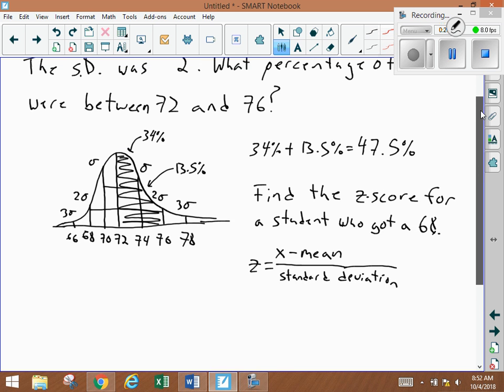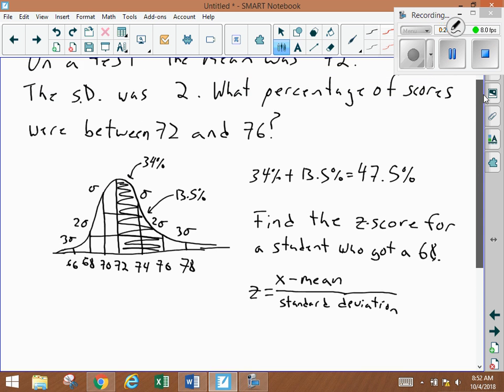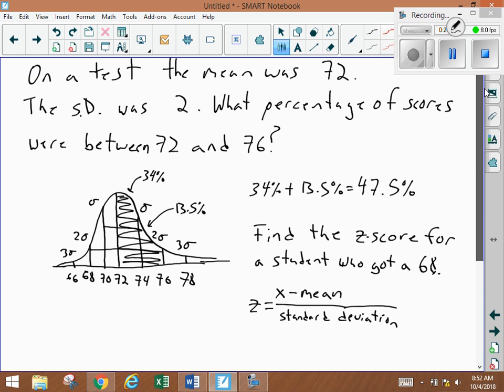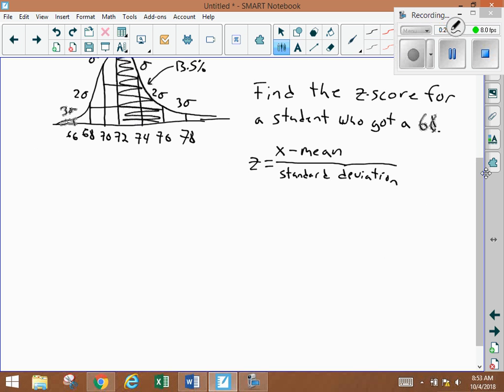We know that our mean was 72 and our standard deviation was 2. So z equals our x, which is 68, minus 72 over 2, which is going to be negative 4 over 2, or negative 2. So my z-score is negative 2.